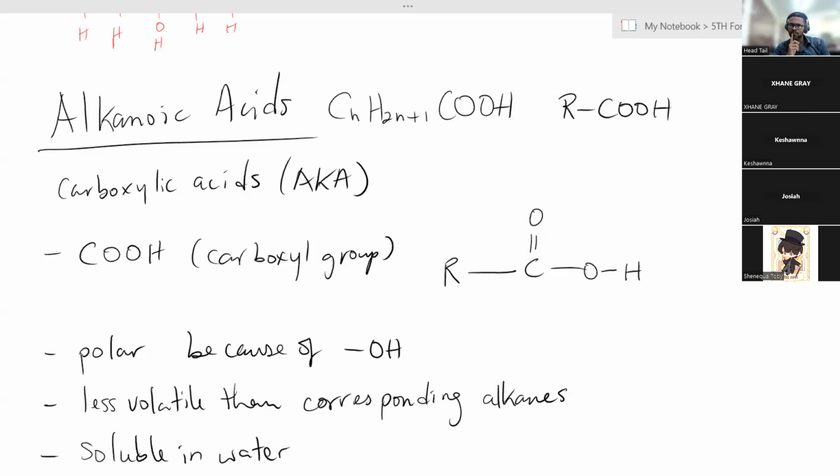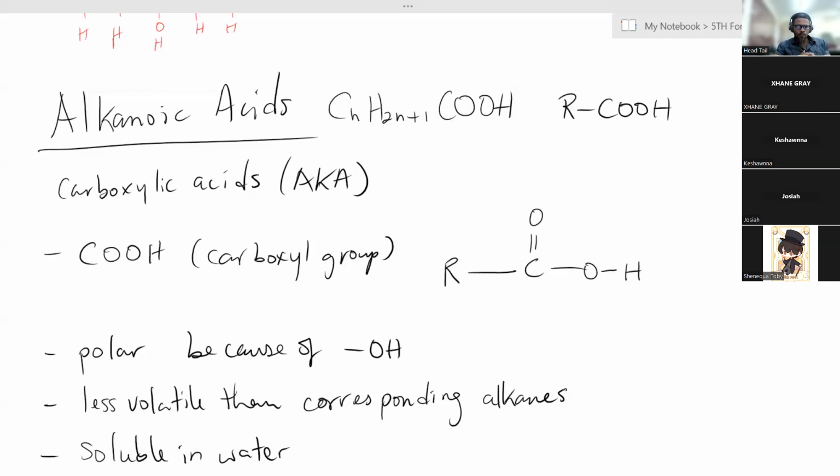All right, so if you're saying changing from a liquid to a gas, then you're correct. How easy it is to change from a liquid to a gas. In other words, the ease of it to change from a liquid to a gas. That's what volatile is. All right.